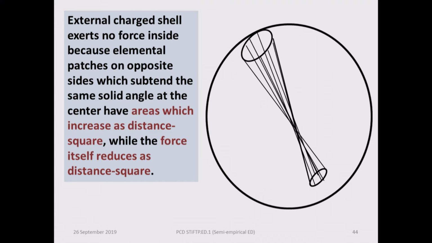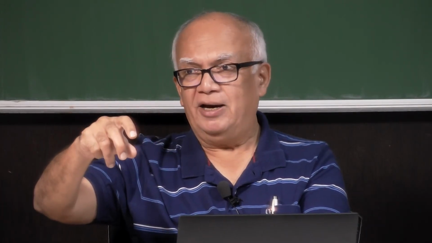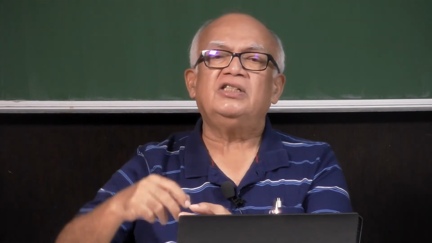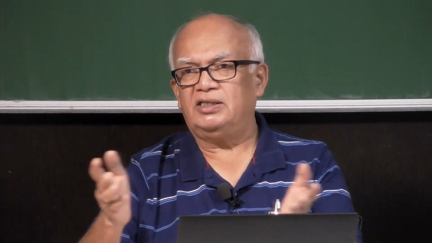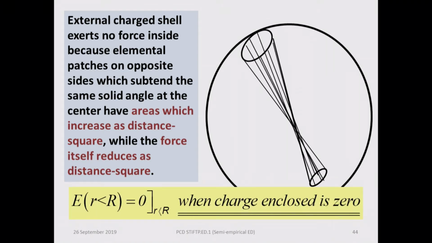R square d omega is a surface element on the surface of a sphere. D omega is the solid angle subtended by a patch on the surface at the center. Okay. So, that surface element is r square d omega, and the force itself goes as 1 over r square. So, they nicely cancel each other. So, the force exerted inside goes to 0. Okay. So, whether we use the Coulomb's law or the Gauss's law, they are the same.